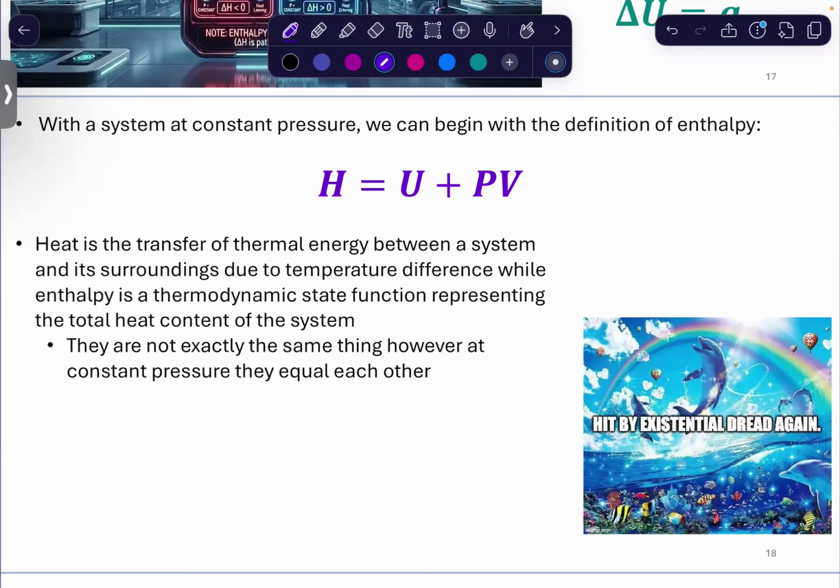Heat is the transfer of thermal energy between a system and its surroundings due to temperature difference, while enthalpy is a thermodynamic state function. So we're back to the idea of a state function, but it's the total heat content of the system. They're slightly different. There are times when they equal each other, but as you solve exercises, you're going to want to make sure you're paying attention to units and whatnot. For example, you'll find at constant pressure, they equal each other, but they're not exactly the same thing.